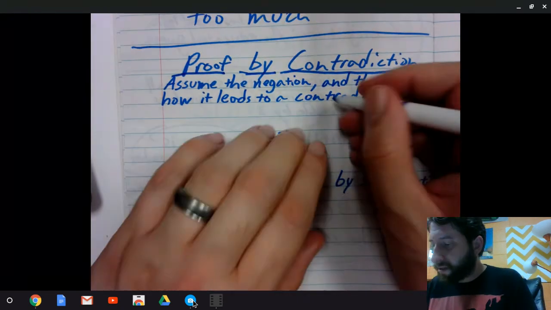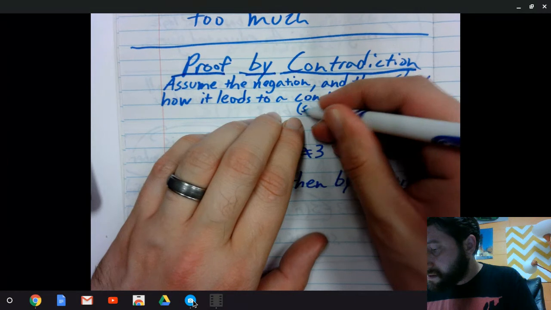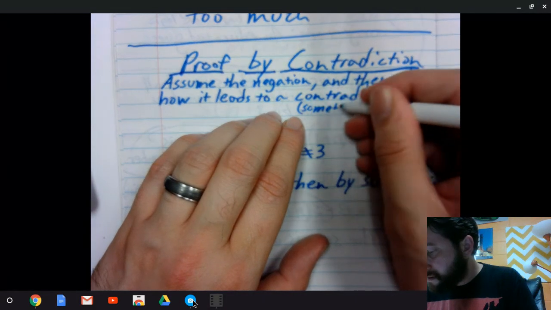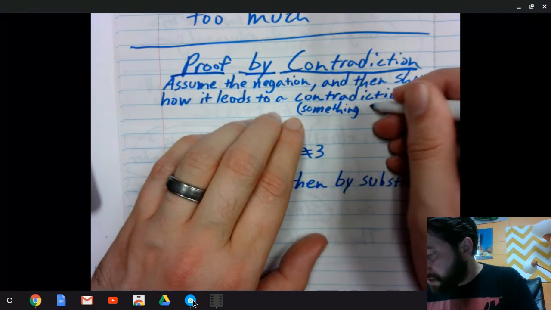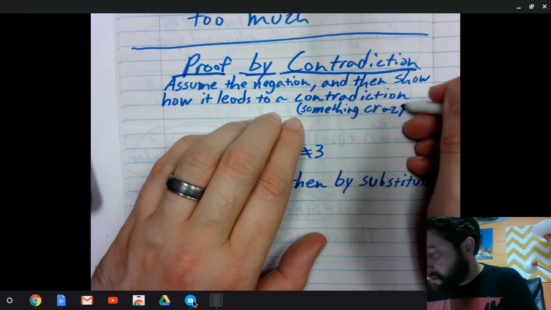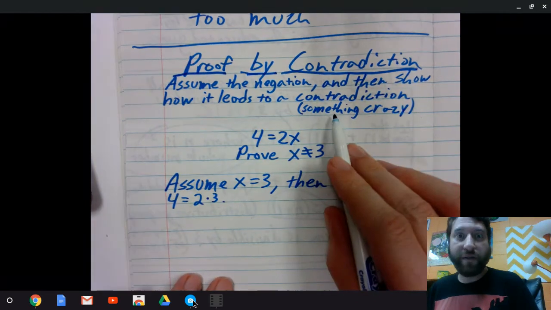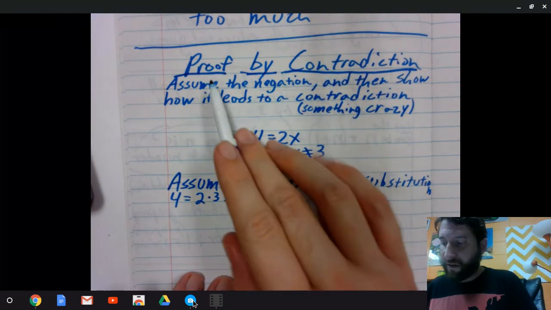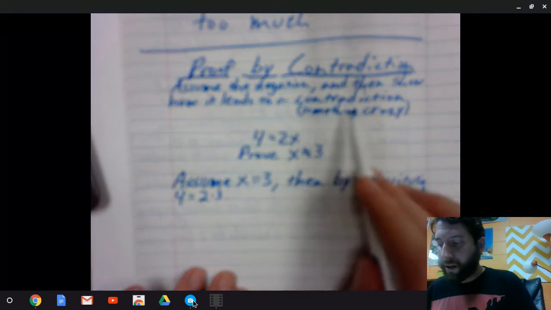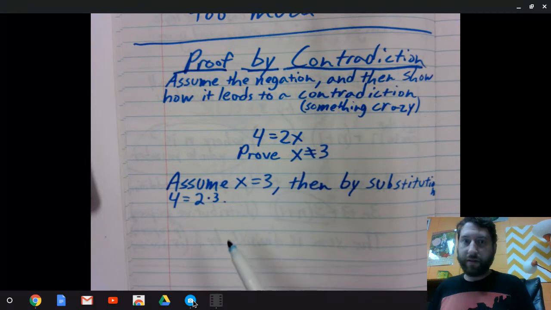And I'm going to put in parentheses something crazy. Because when we talk about contradictions, that's what we're talking about. We're talking about something crazy. So assume the negation, then show how it leads to a contradiction or something crazy.